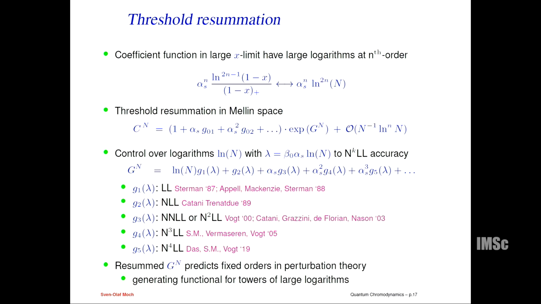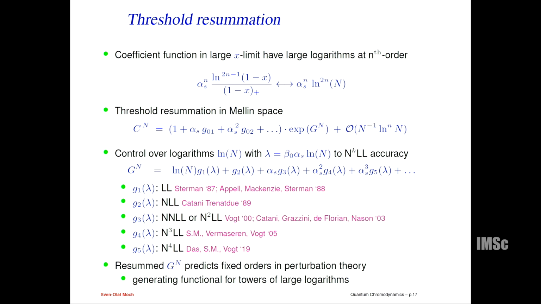I think we pushed this to the highest available limit with Gautam Das some time ago. This is another example of how you can realize resummation of large corrections from collinear emission.